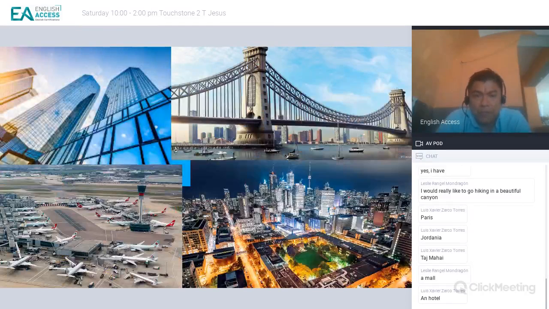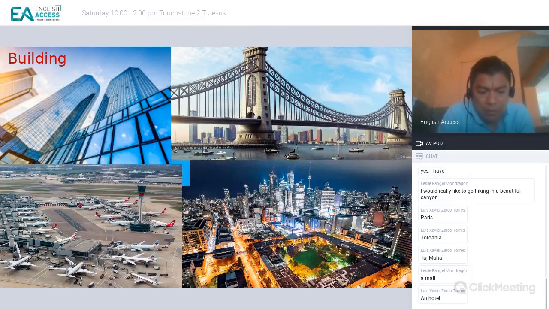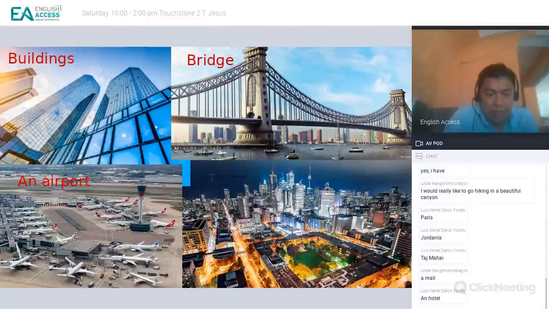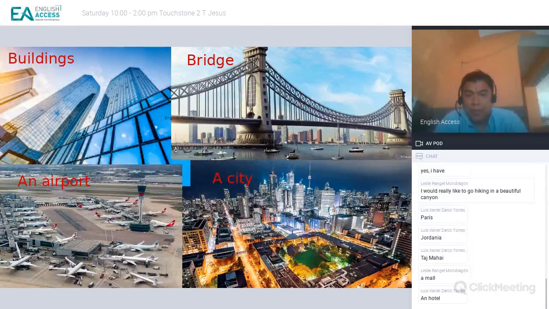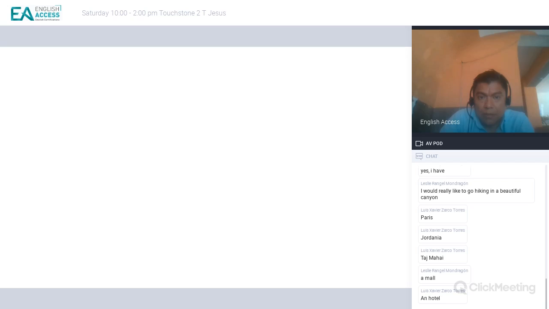Okay. Next picture. What do you see in picture 1, 2, 3, and 4? The number 1 is buildings. Number 2, bridges. Or actually, it's a bridge. Number 3, an airport. And number 4, a city. Right? Next.